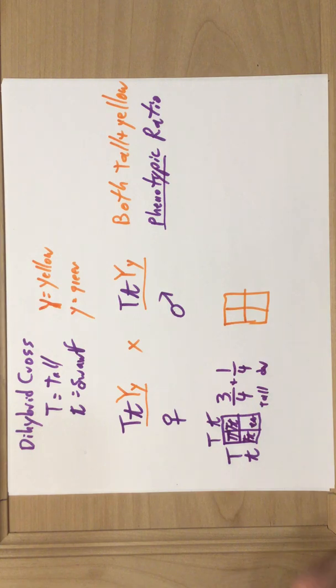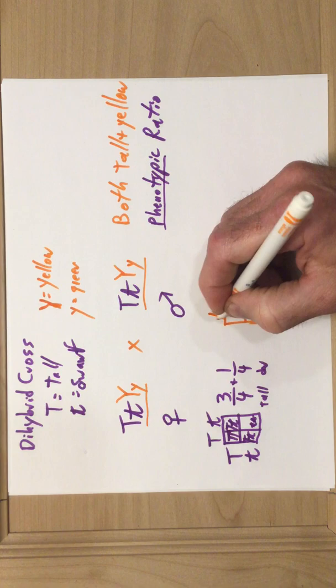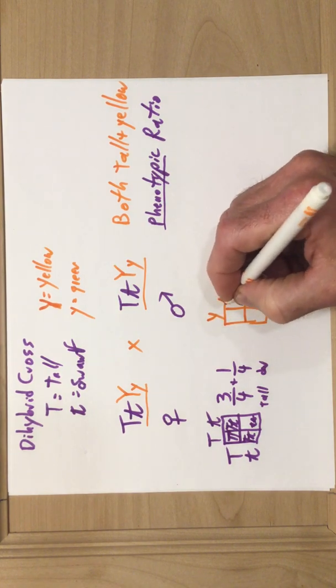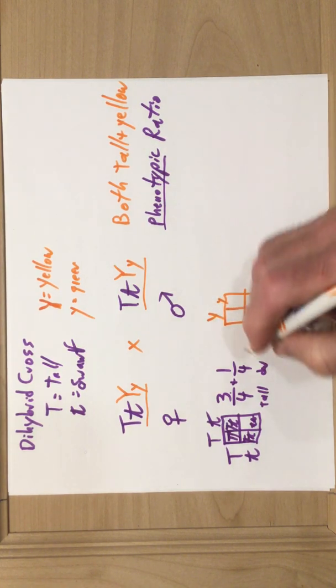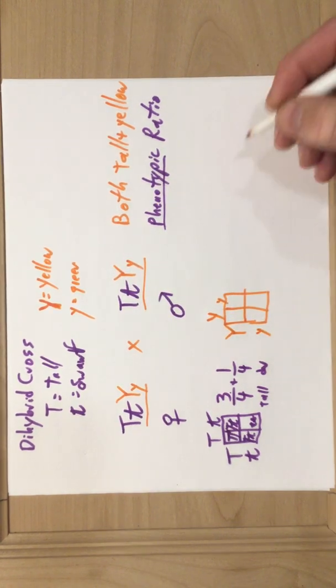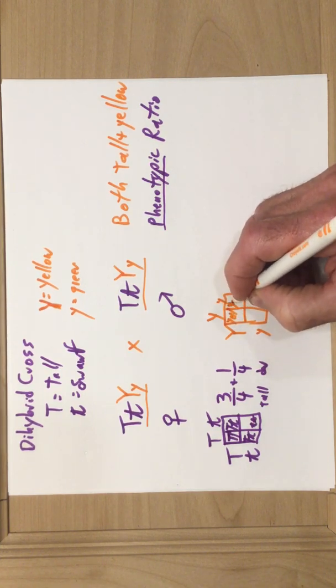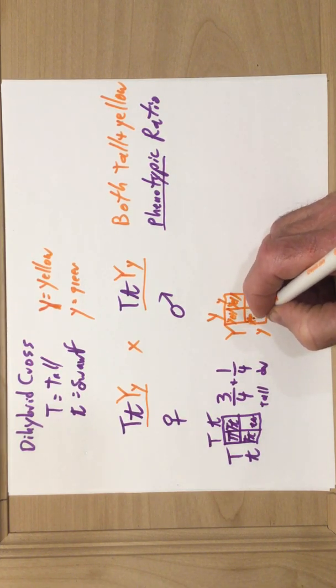Let's move on to the yellow versus green gene. This female plant puts big Y's out and little y's out equally. Same thing with the male plant. He makes big Y's half the time and little y's half the time. This is going to be a yellow plant. This is going to be a yellow plant. This is going to be a yellow plant.